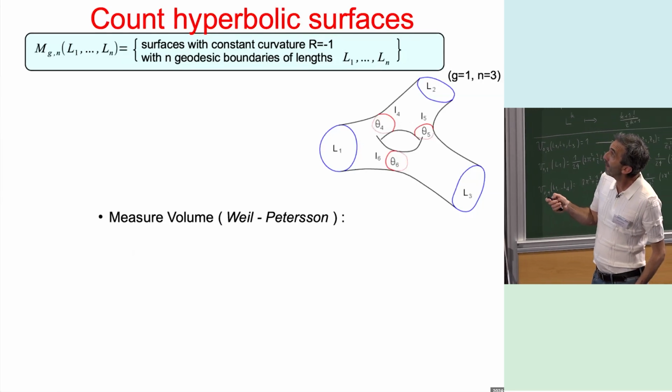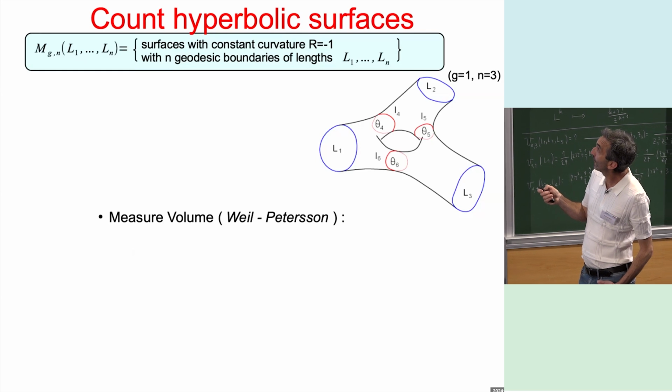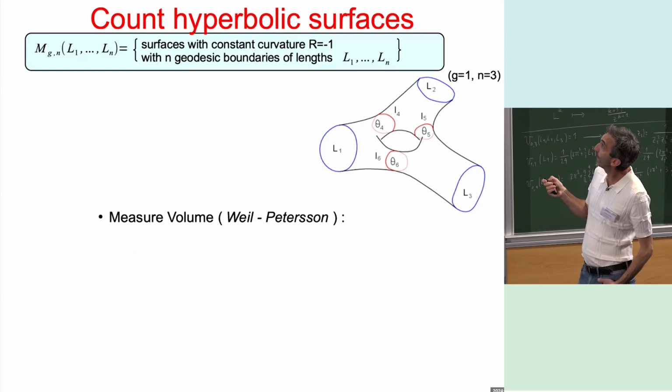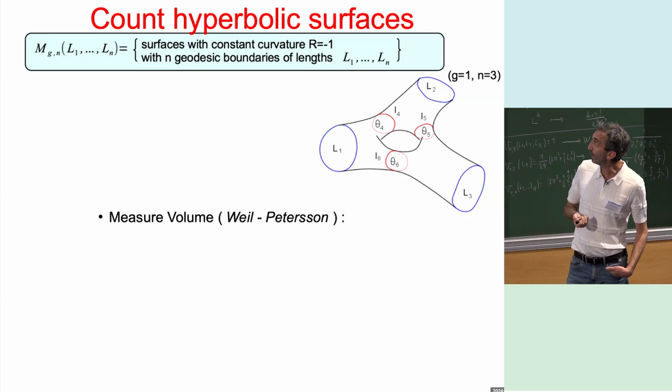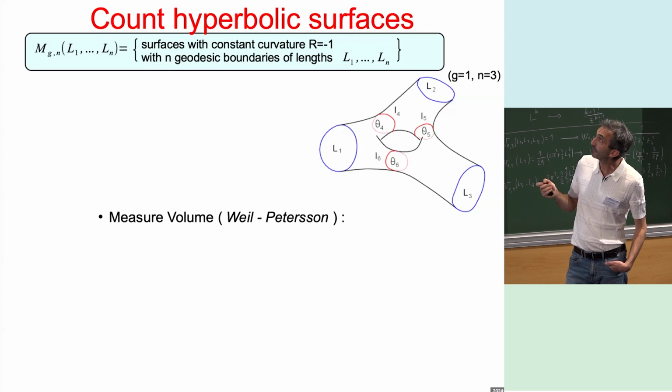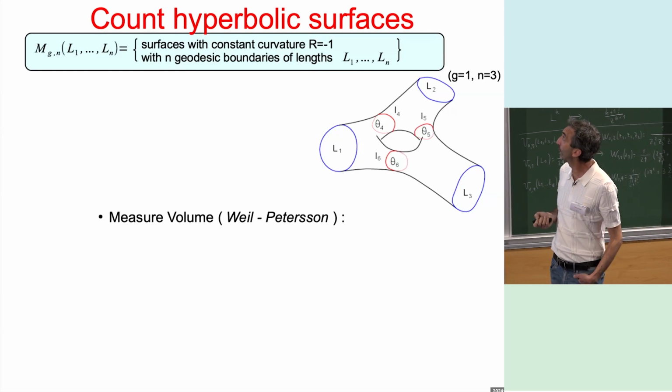Let M_{g,n}(L1,...,Ln) be the set of surfaces with a metric of constant curvature -1, so hyperbolic surfaces, and such that there are n boundaries that are geodesic and of prescribed lengths L1,...,Ln, and they are labeled boundaries.